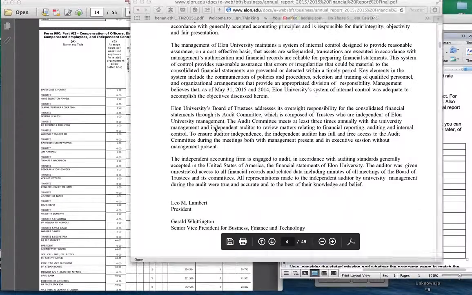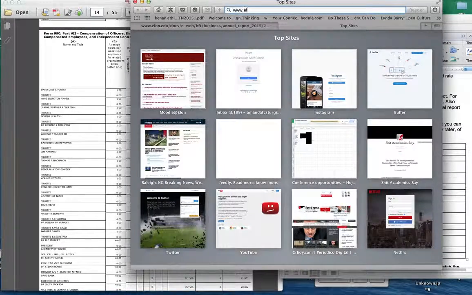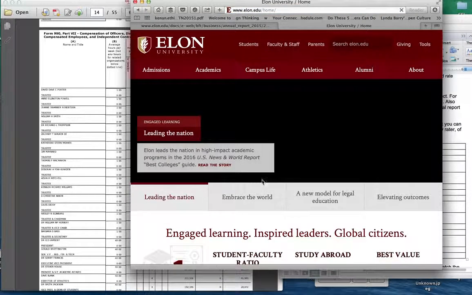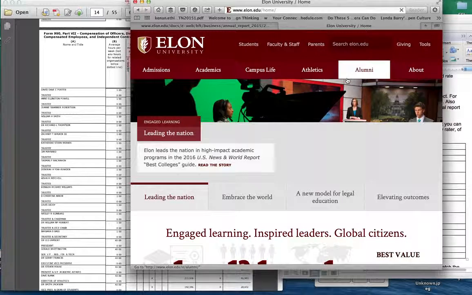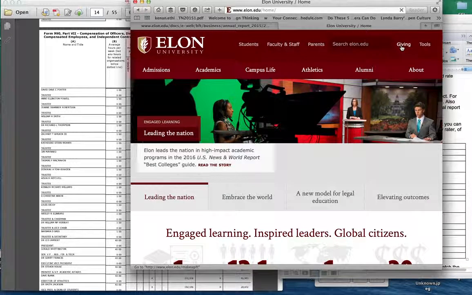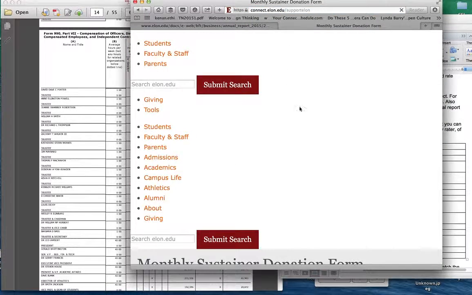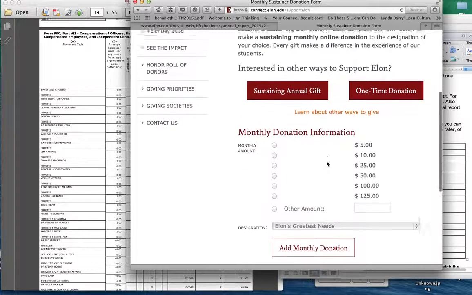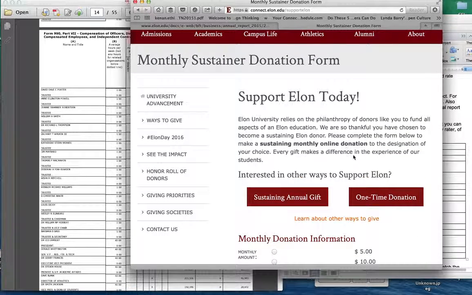Now we're going to look at the solicitations. Sorry, making these movies is really hard on the computer, so it goes kind of slowly. Giving, right here on the front. Resident philanthropy, we want you to do that. See the impact.